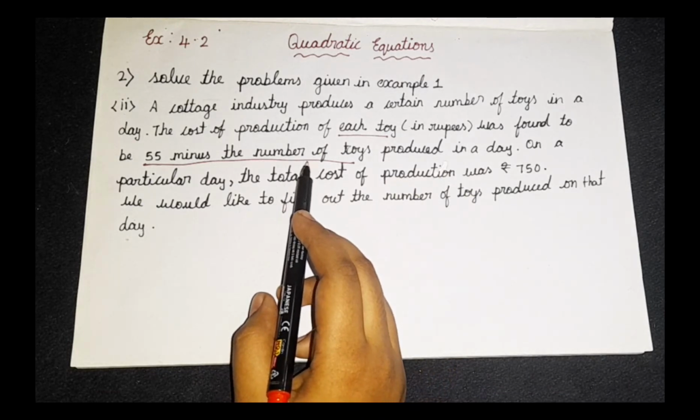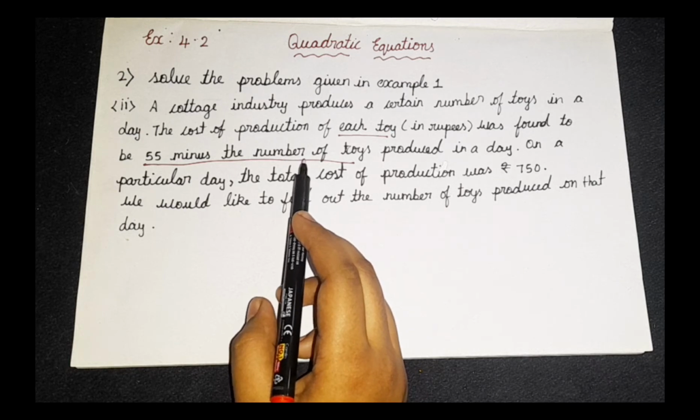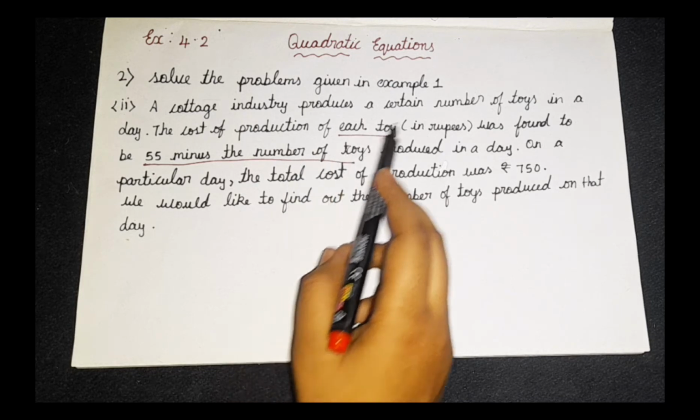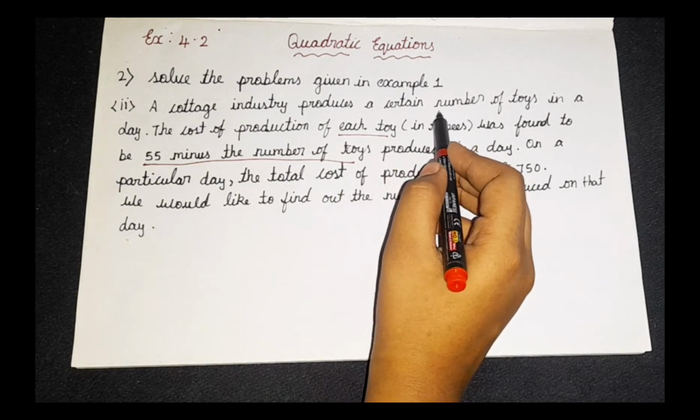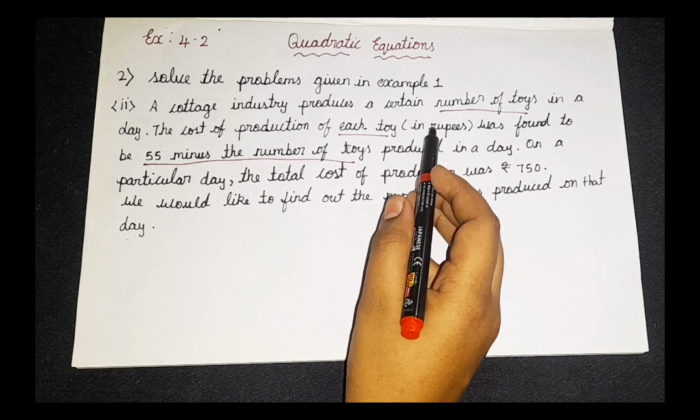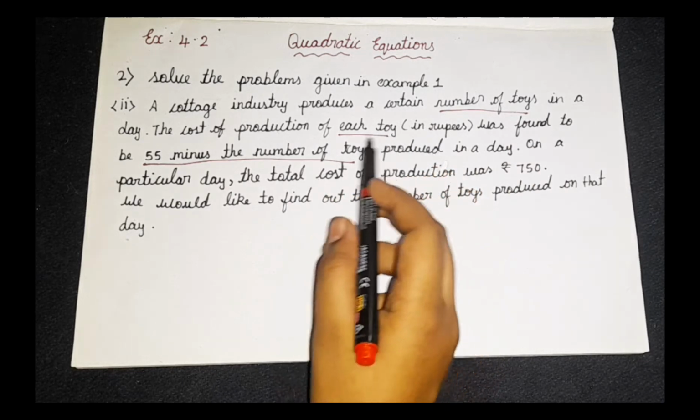But we don't know the value for the number of toys. In this question they are just saying that there is a cottage industry producing a number of toys, but they didn't mention how many toys they are producing. So first of all, we don't know the value for the number of toys. They didn't mention any value in the question.